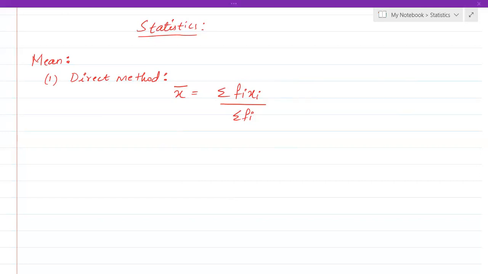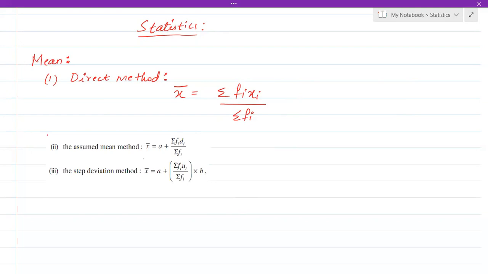Then let's get into the next one, that is the assumed mean method. I've already got the formulas, so let me paste it.